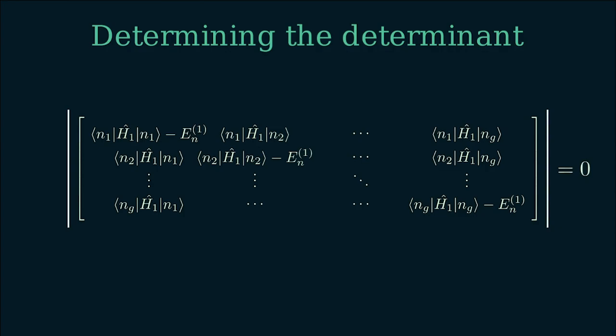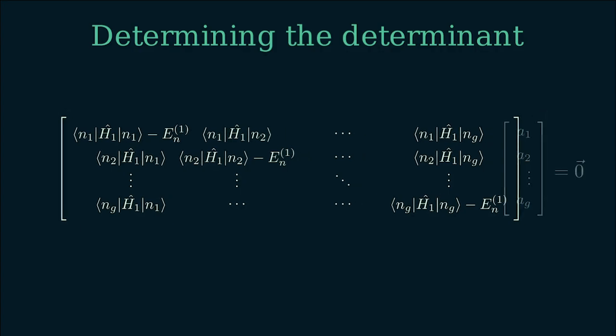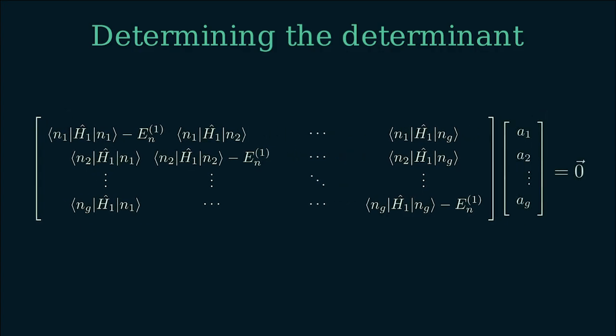Thus, by solving this determinant, we can find the first order energy correction term En1, with up to g values for this correction term. Now that we have found the energy correction term, this entire matrix is known, which means that we can now proceed to finding this vector using the methods of linear algebra.